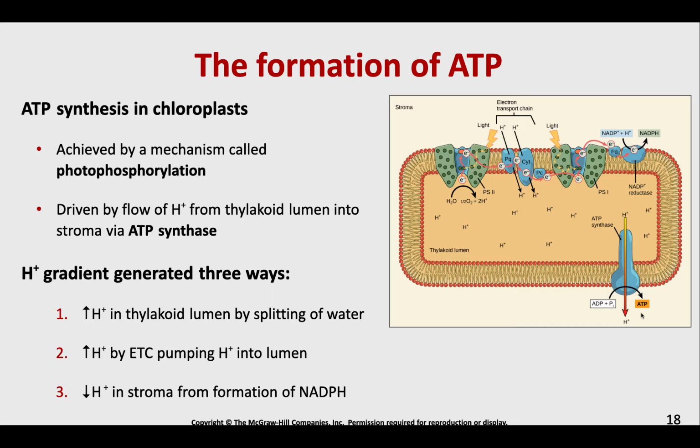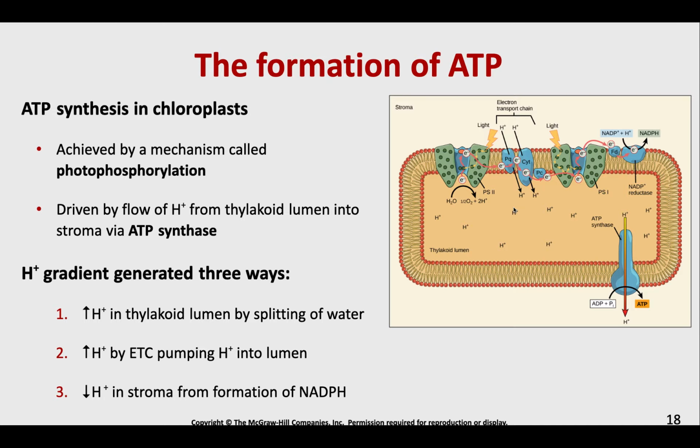All right, so I mentioned a couple of ways that this gradient was set up, where we have higher amounts of hydrogen ions inside the thylakoid versus outside. One is by the splitting of water. If we're splitting water apart, we're releasing oxygen, but we're also releasing these hydrogen ions, which go into the thylakoid lumen, increasing the concentration there.